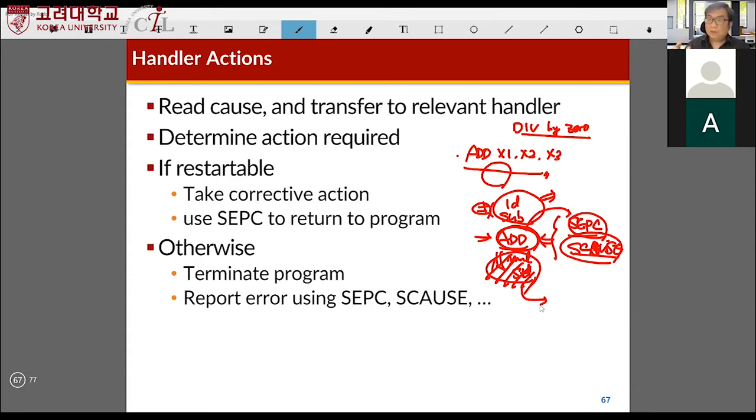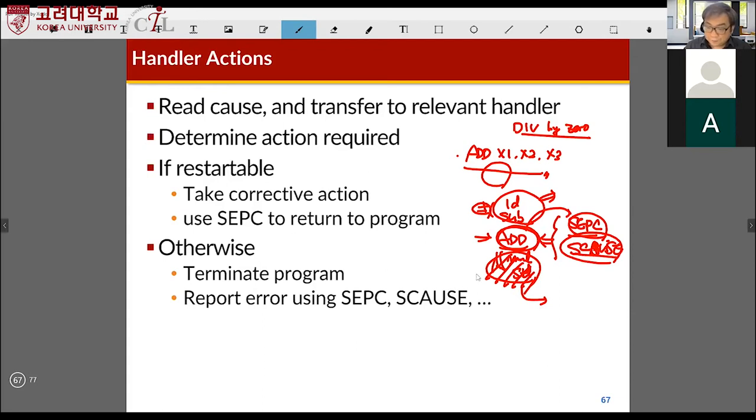The processor completes the former instructions, and for the corresponding instruction, the processor stores the program counter and the cause of the exception in the special registers. And then for the following instructions, the processor needs to cancel them. So you need to remember these three different handling operations by the processor.